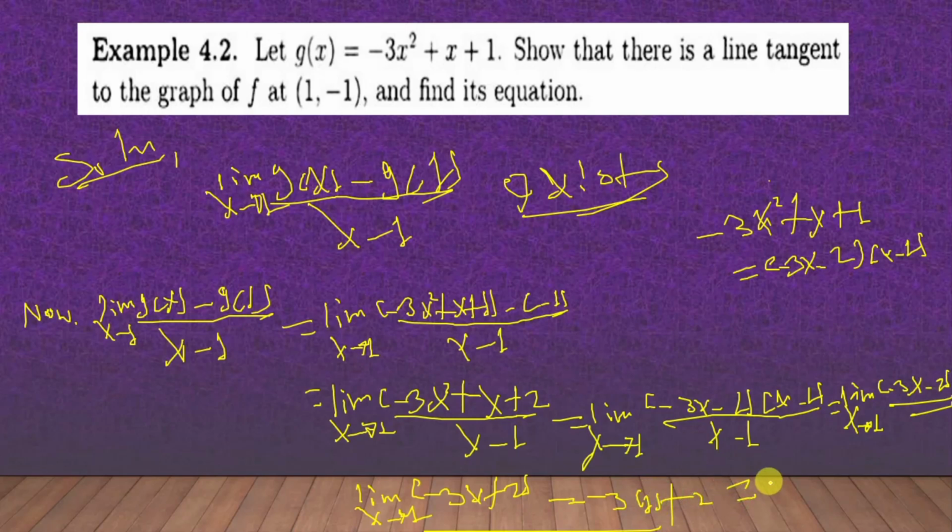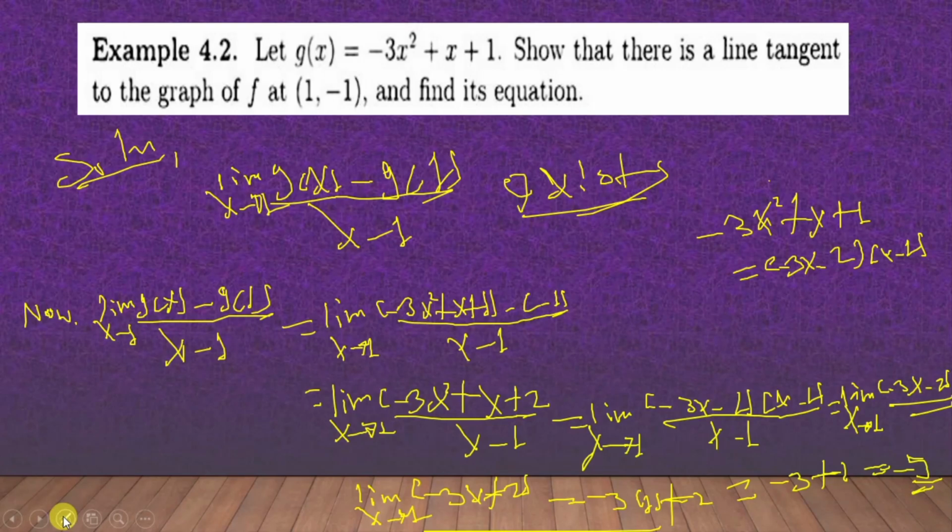We get minus 3 minus 2, which is minus 5. Sorry for my mistake. Now the slope of this equation is minus 5.